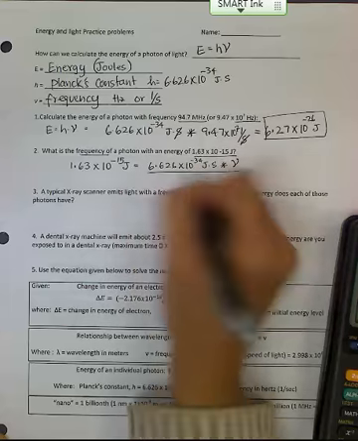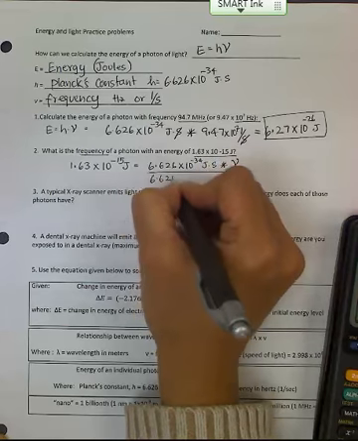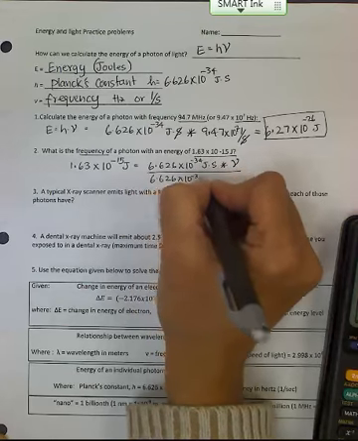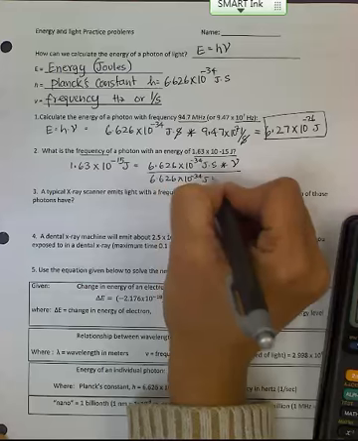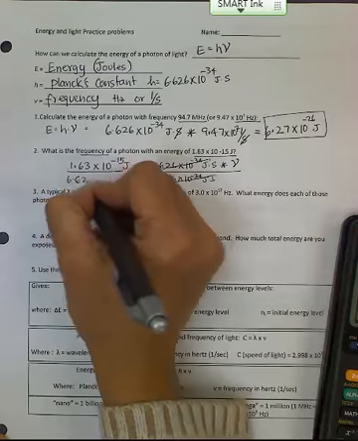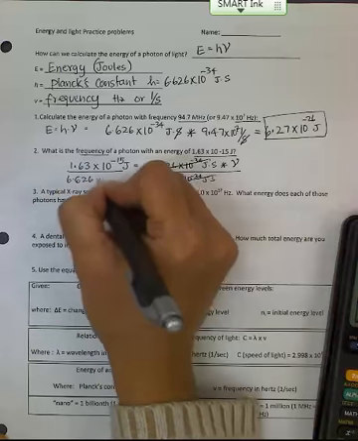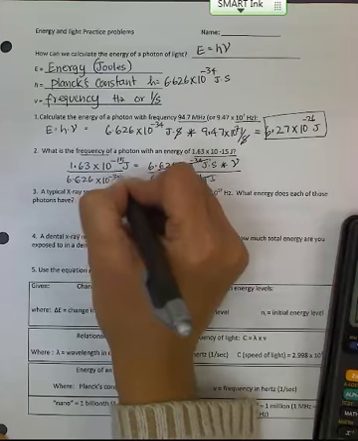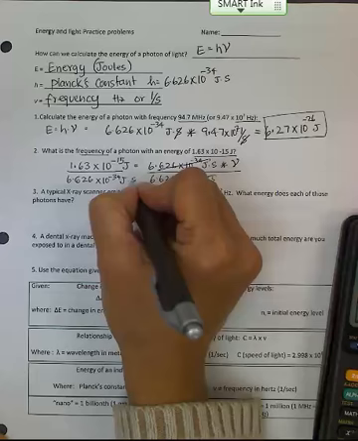So in order to solve, you have to divide by your Planck's constant on both sides: 6.626 times 10 to the negative 34 joules second.